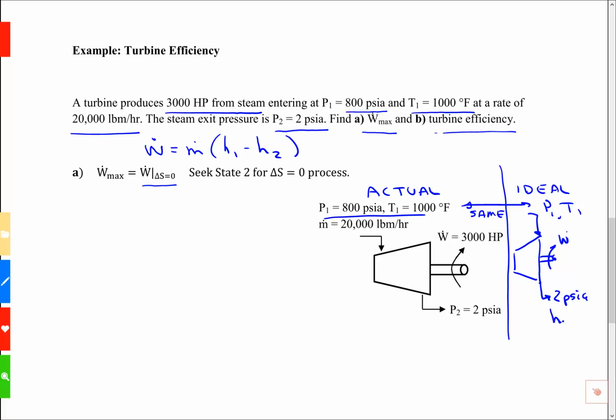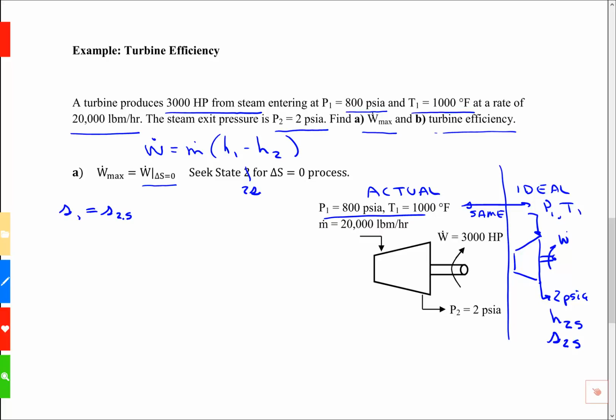The final state is going to be with an enthalpy H2S and an entropy S2S. So the final state we're going to seek is really state 2S. It's isentropic, so we know that S1 is equal to S2S.